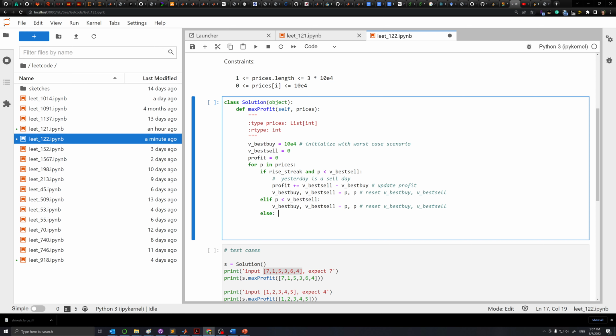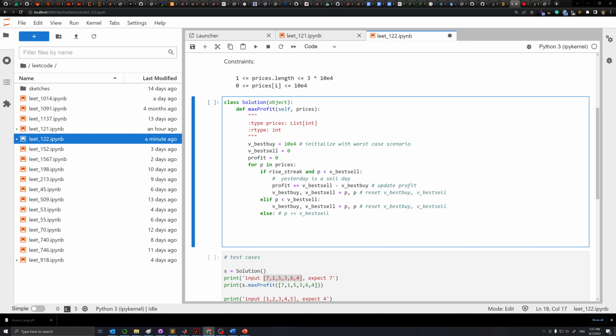Else is when P is greater or equal to V best sell. Right, that's the else. If that's the case, we're on a rising streak, and this is going to be true.